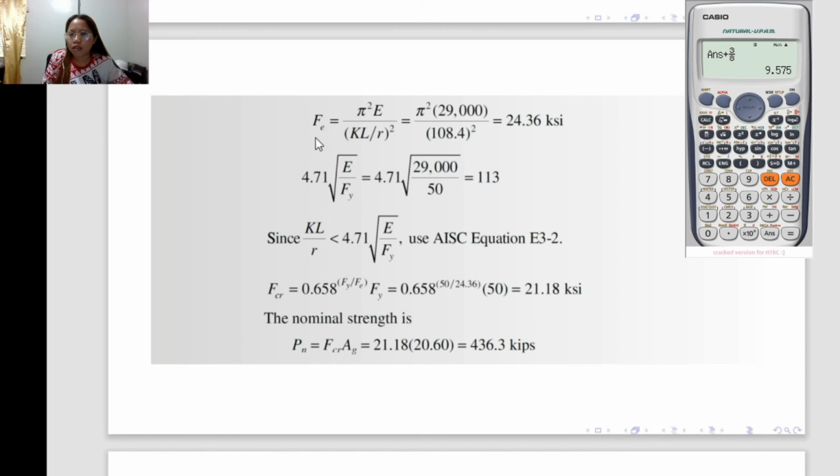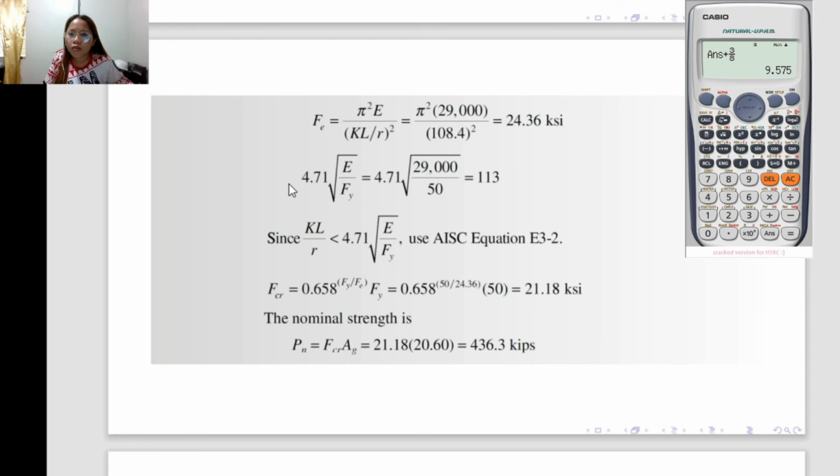So the Euler's buckling stress is 24.36. Then, Kanisha, from this one, remember, we have to compute this one, diba? This relation, no?